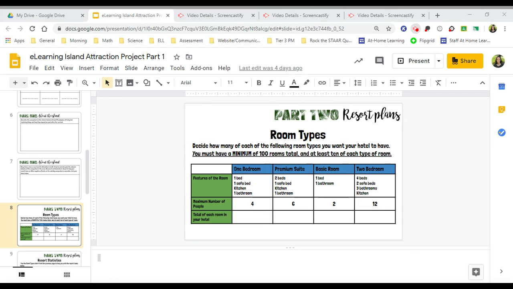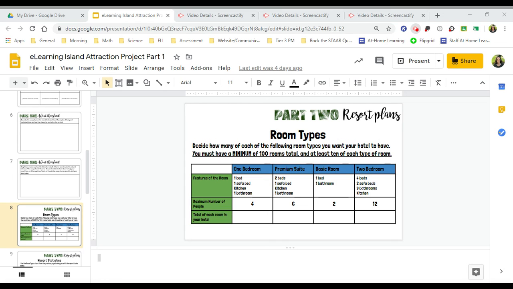So for example, the 1-bedroom has 1 bed, so that means 50 times 1, so it has 50 beds. The premium suite has 2 beds, so 50 times 2 gets me 100 beds. The basic room has 1 bed, so 25 times 1 gets me 25 beds. The 2-bedroom has 4 beds, so 25 times 4 is 100.